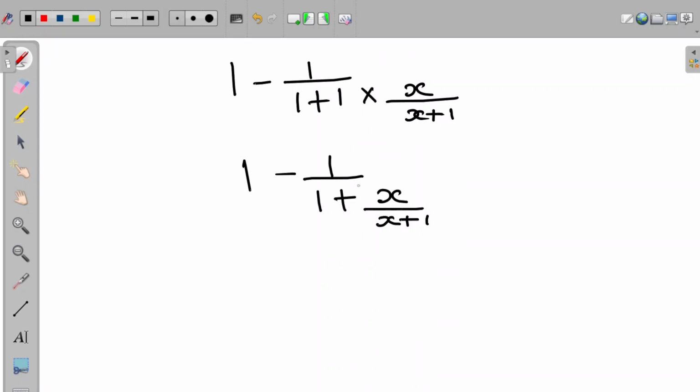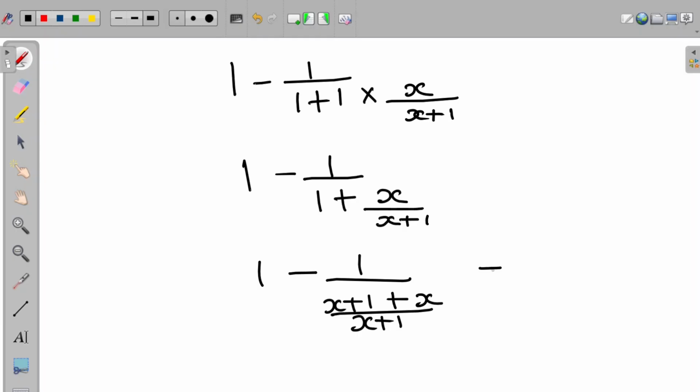Again, at this point, we take LCM. So if we take LCM, we have that 1 minus 1 divided by, we have x plus 1 as LCM. So x plus 1 divided by 1 is x plus 1. x plus 1 times 1 is x plus 1, plus x plus 1 divided by x plus 1 is 1. 1 times x is x.